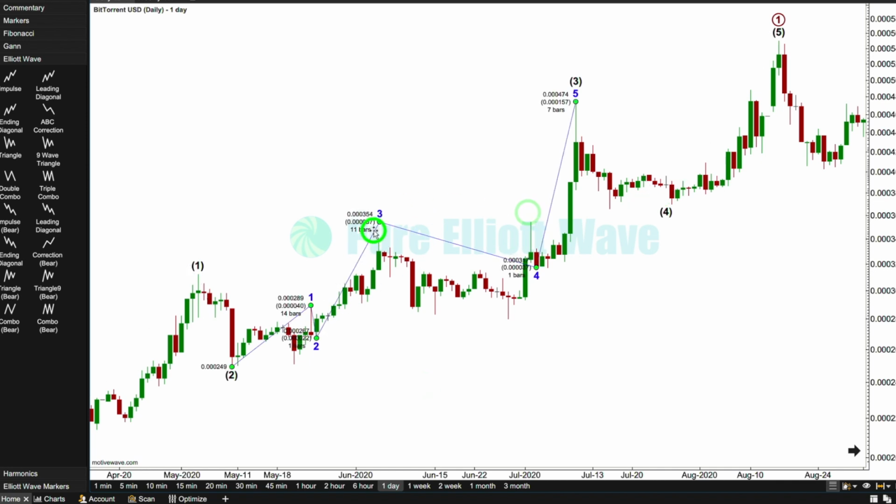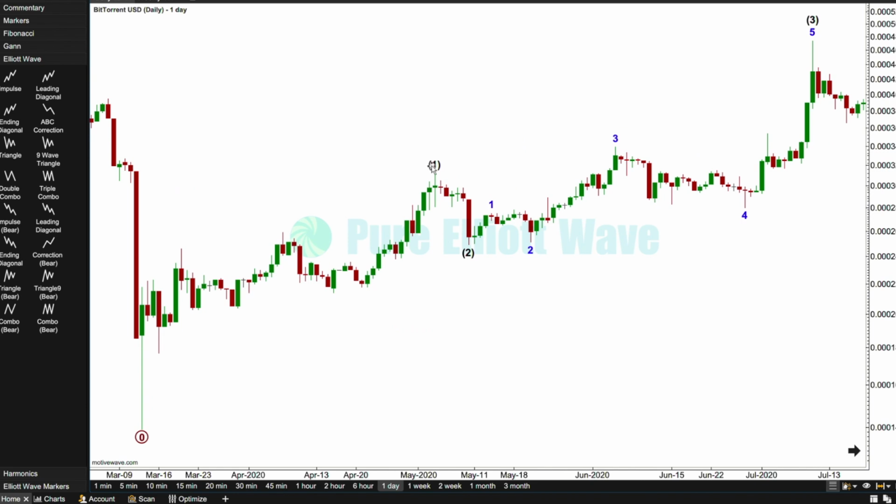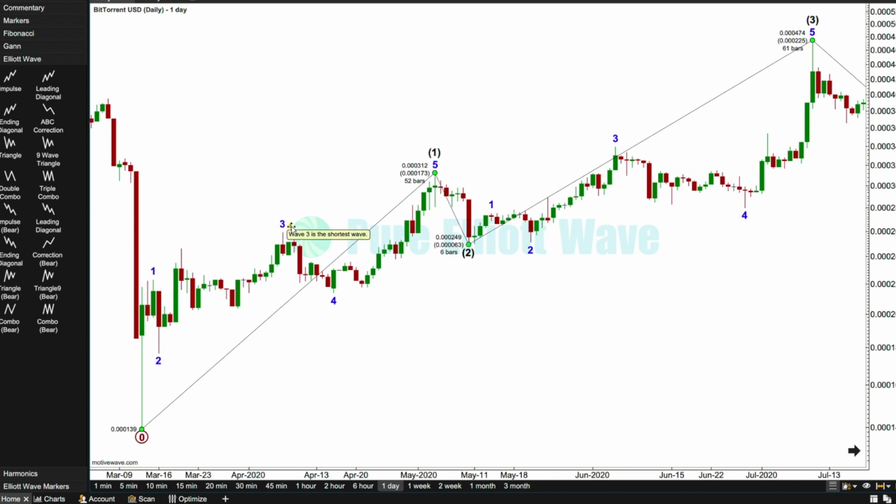Then is there going to be an overlap if you have 3 and 4 here, and 1 and 2 here? Okay, well that works. 3 is the shortest.